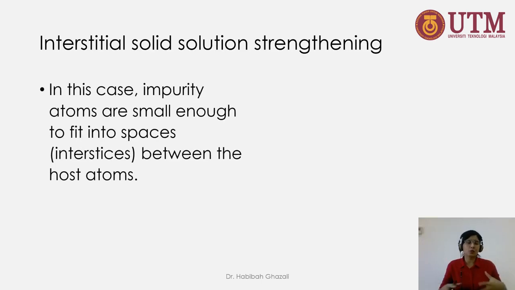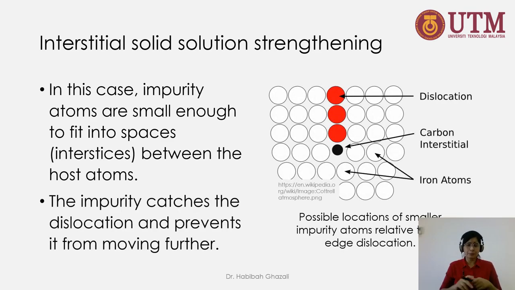In the case where impurity atoms are small enough to fit into the spaces between the host atoms, we call it interstitial solid solution strengthening. In this case, the impurity will catch the dislocation and prevent it from moving further.